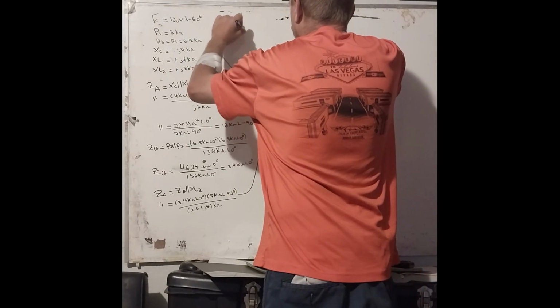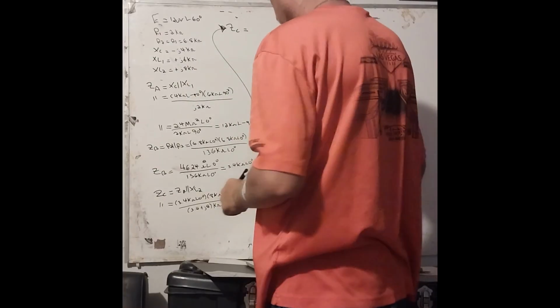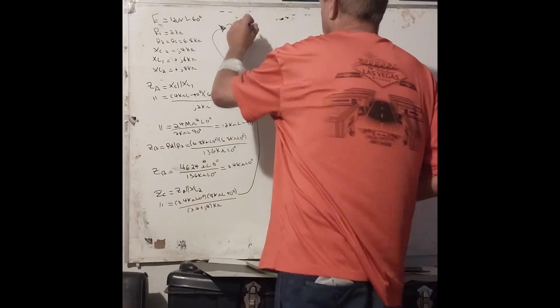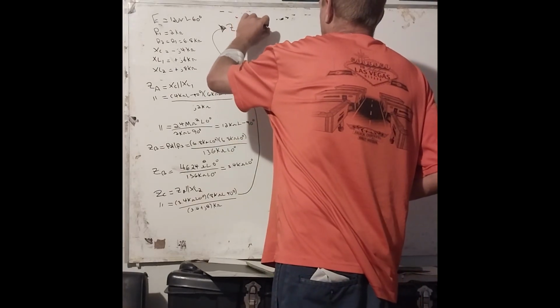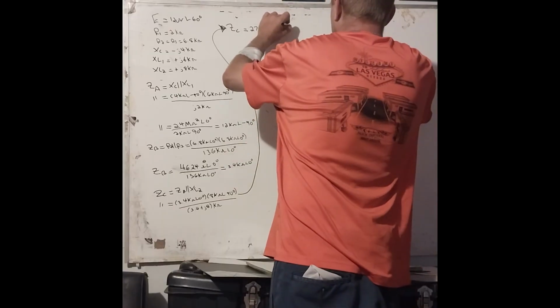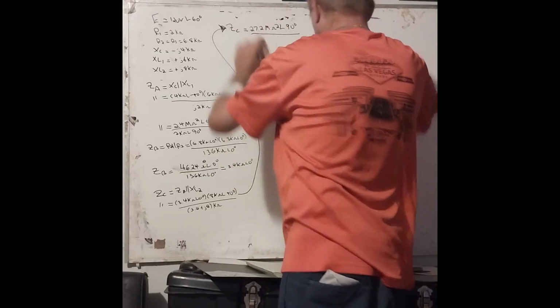Z sub C, that's equal to 8 times 3.4. So 27.2. And we have mega ohms squared. And that's going to be an angle of 90 degrees. But then this will be different.